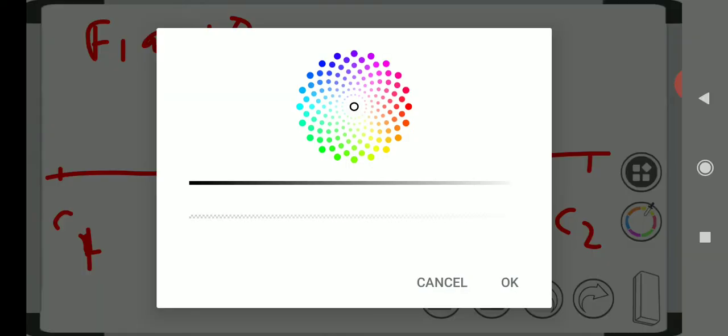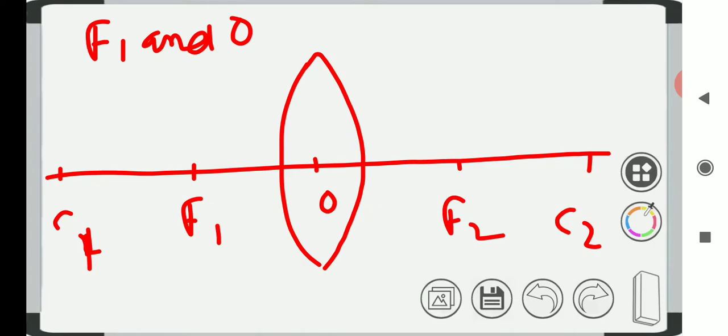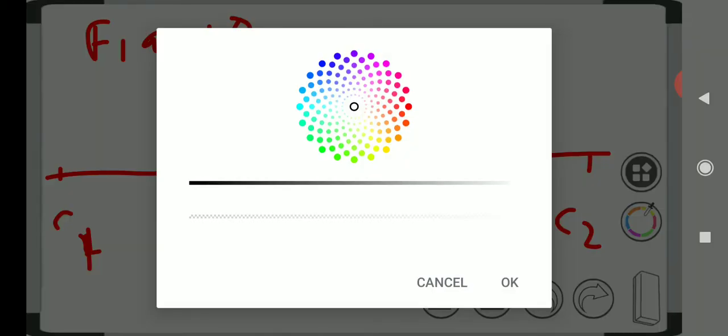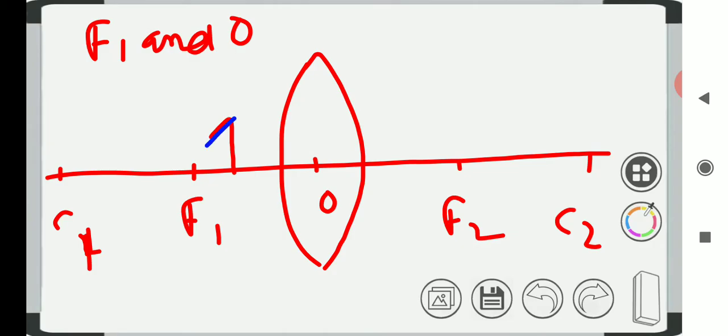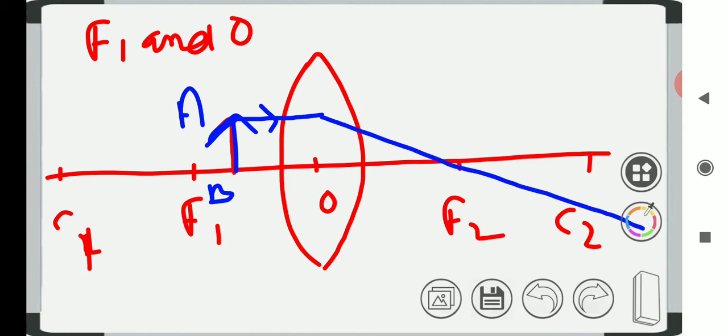When the object is placed between focus and optical center, this is object AB, a ray of light parallel to the principal axis passes through the focus point. The second ray passes through the optical center.